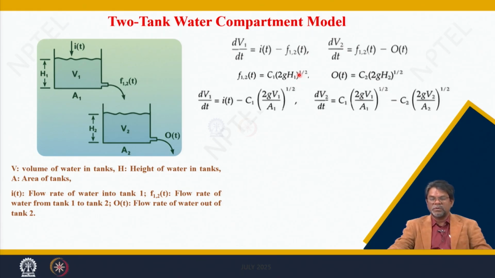Or you can say F1→2 is equal to C1, the proportionality constant, times (2gH1) to the power 1/2, the square root of 2gH1. So, this is the flow rate of water from tank 1 to tank 2, which depends upon the gravitational constant and the height of the water above the orifice.